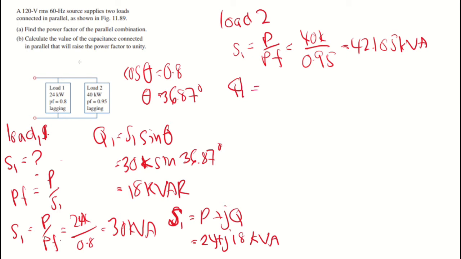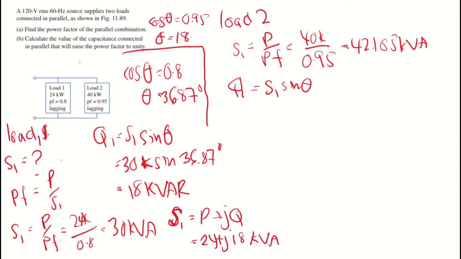And then from this apparent power we can get the reactive power, where Q equals S1 sine theta. Theta here we need to convert using a similar formula: cos theta equals 0.95, so theta should be 18.19 degrees. Adding the values in, S1 is 42.05K sine 18.19 degrees.